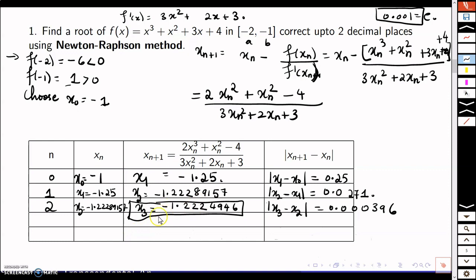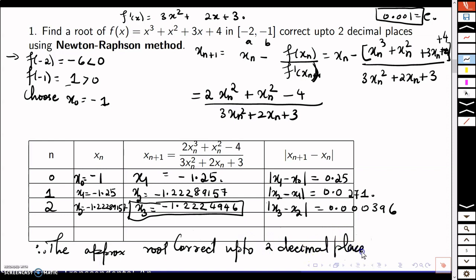Okay, and that's this x3, and therefore the approximate root correct up to 2 decimal places is this value, that is minus 1.2224946. Okay, and this is the approximate root of the given function using Newton-Raphson method.